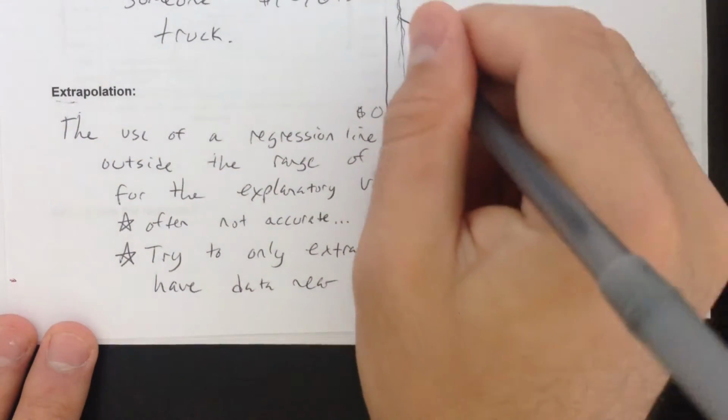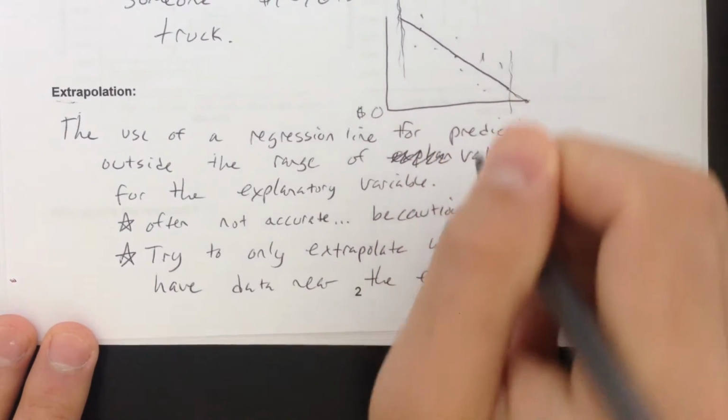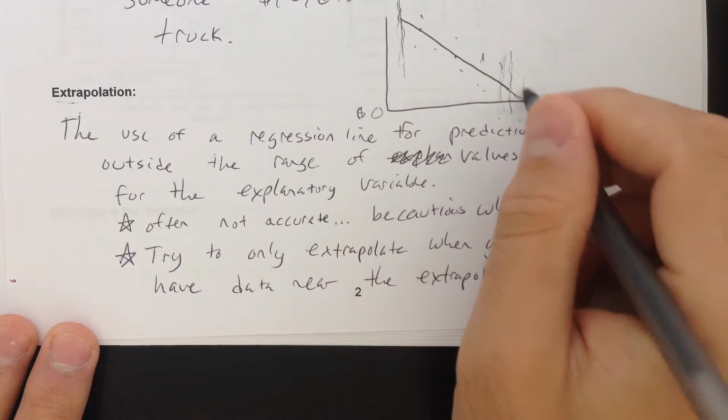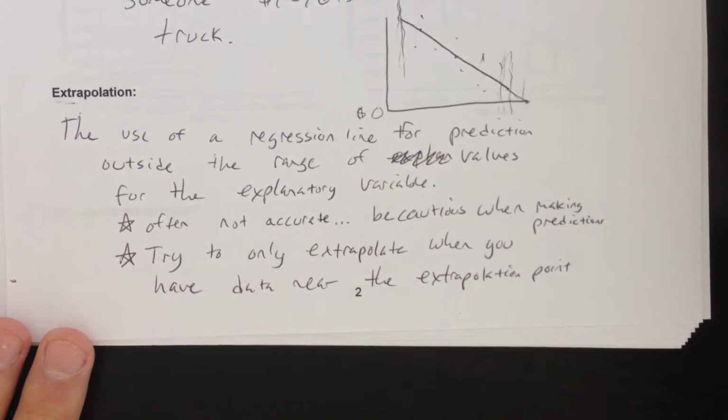So in the book, the data is something like this. Try to only do data around here. If you go too far out away from it, the prediction no longer makes sense.